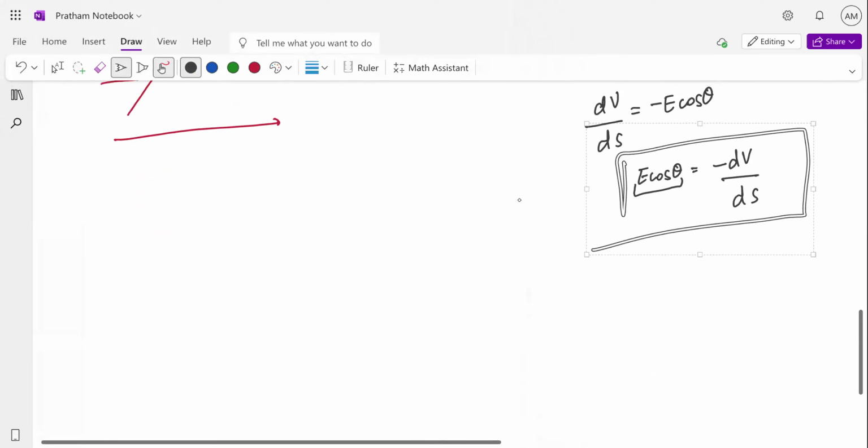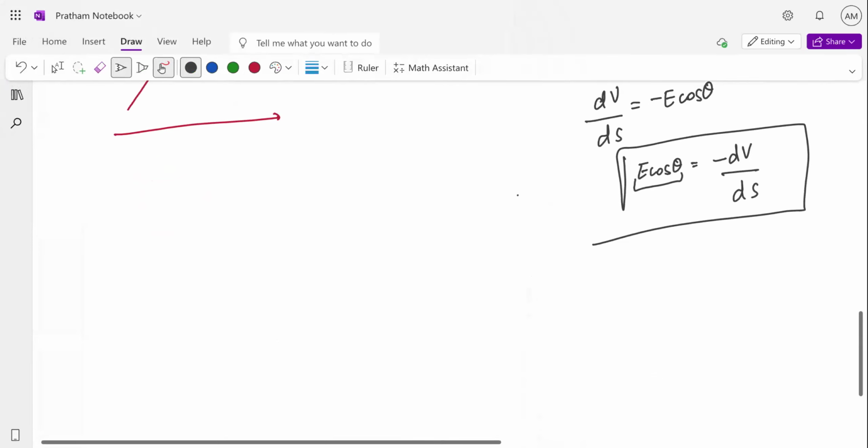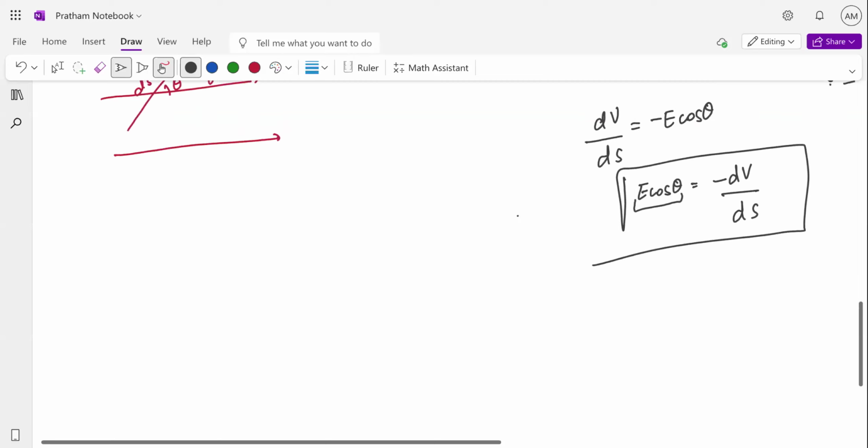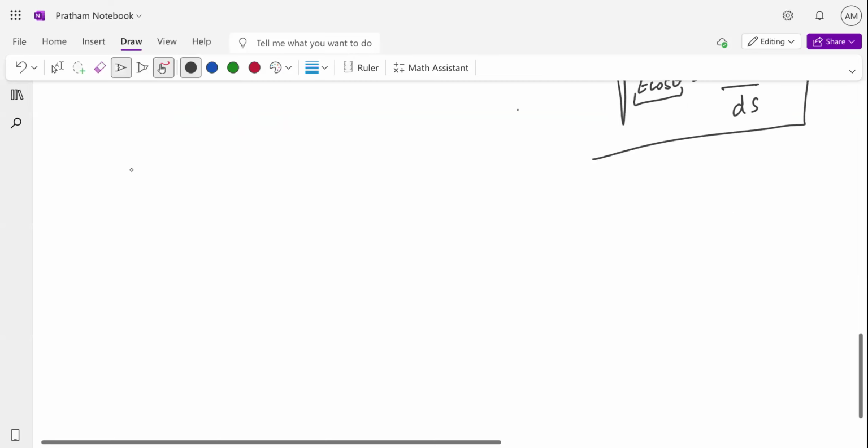One more thing. Let's write whatever we have calculated in terms of components. Let's say this is minus dV, right? This displacement can be in three different directions.